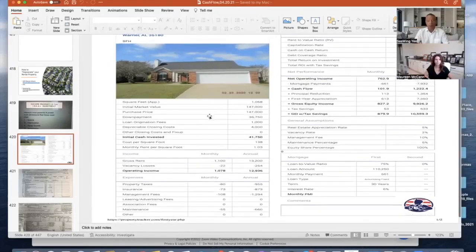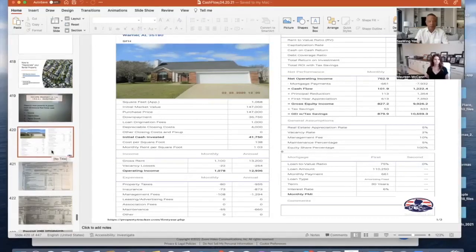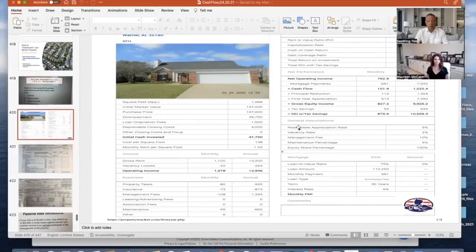This property is valued at $147,000. Keep that in mind. It has positive cash flow, with a 25% down payment, and the annual rent is $13,200.